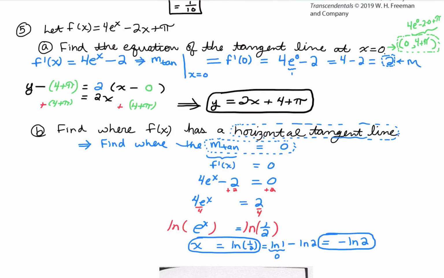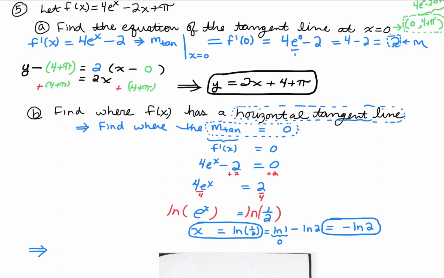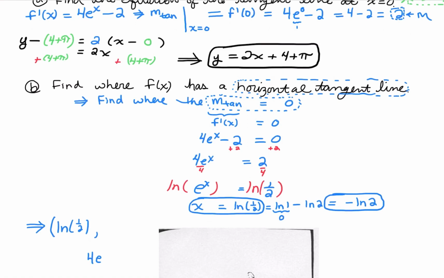And then if they want the y-coordinate as well, remember anytime you have an x-coordinate, in order to get the y-coordinate, it's always going back to the original function. So you can have your natural log of a half or negative natural log of 2. And then in order to figure out the y-coordinate, you would need to sub that natural log of a half back into the original function.